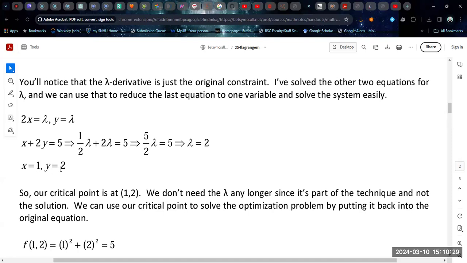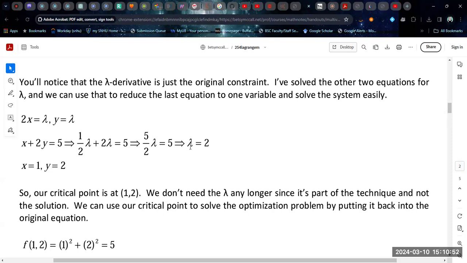You will get exactly the same result if you substitute just 2x equals y, getting rid of the lambda at that point, and then substituting that into your constraint equation to solve for either x or y, and then from there, solving for the remaining variable. So you do not need to solve for lambda.